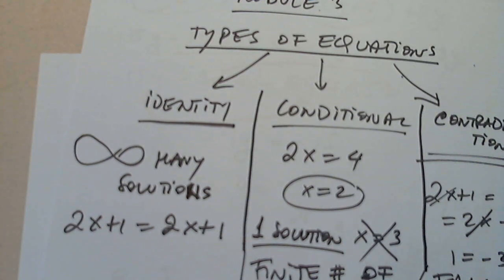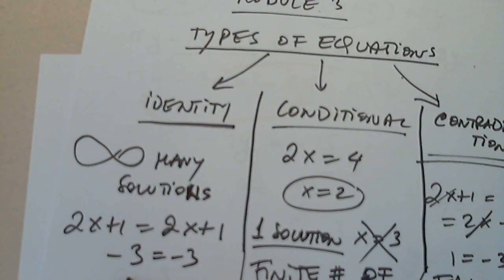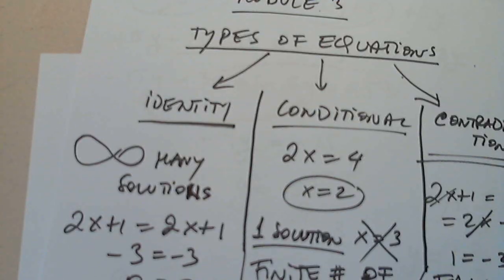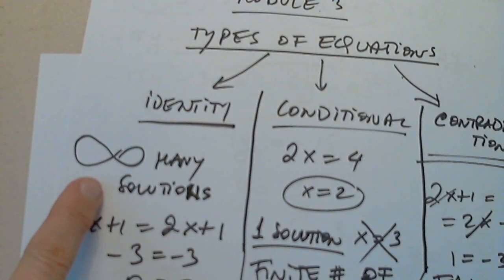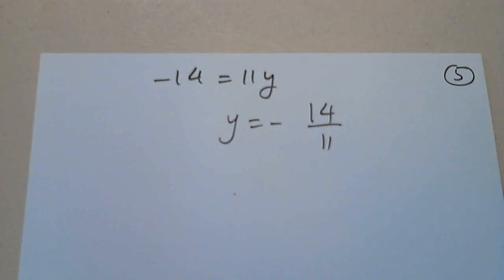And it can be negative 3 equals negative 3, 0 equals 0, 10,000 equals 10,000. As long as the left equals the right and there is no x, it means that x can be anything. Infinitely many solutions. So again, let's go back.